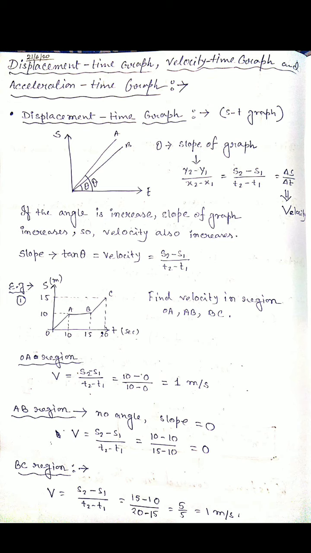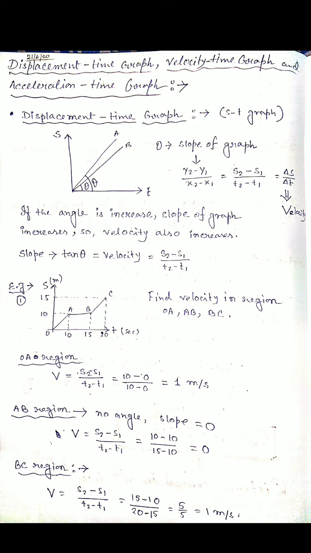In this example, one graph is there, a displacement-time graph. The nature is like this. So what do we find out? We find the velocity in the regions OA, AB and BC. In the OA region, if we draw the slope, it is constant.